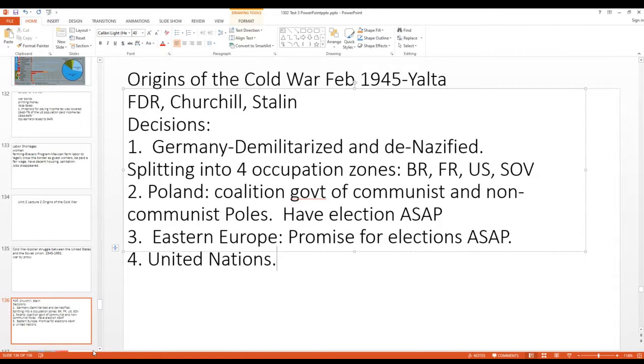Was a Cold War inevitable? That is a good question. I don't know. Whether or not FDR would have been able to have any more success than Truman had with Stalin is unknown.